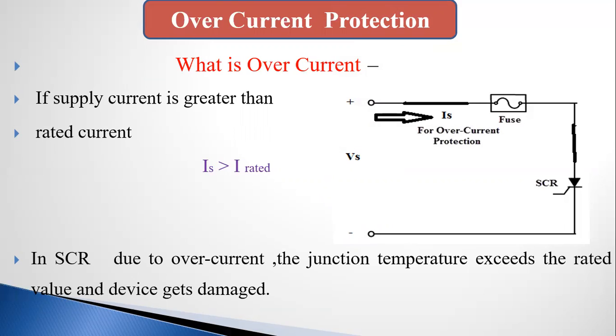Overcurrent means the supply current is greater than the rated current, or in numerical form we can write I of S is greater than I of rated, as you see in this equation. That is called overcurrent. In SCR, due to overcurrent, the junction temperature exceeds the rated value and the device gets damaged. So we require protection from overcurrent.